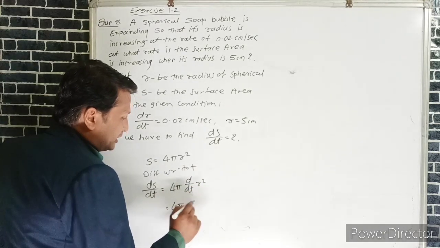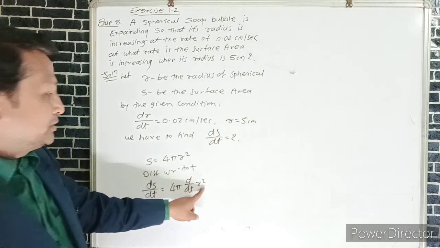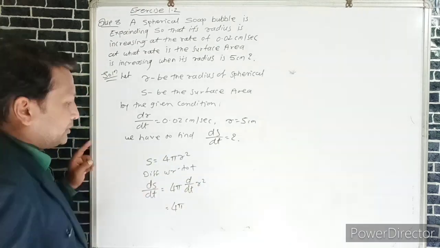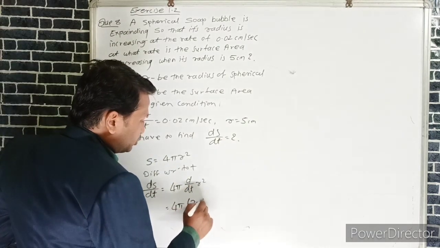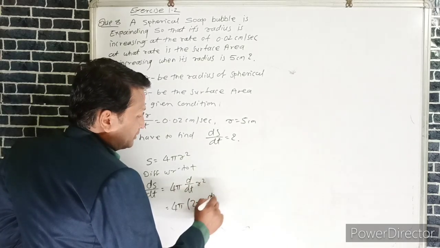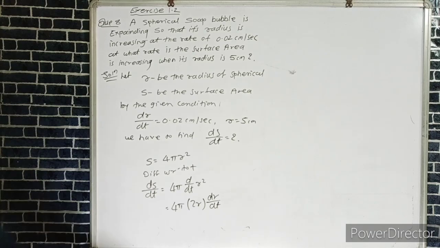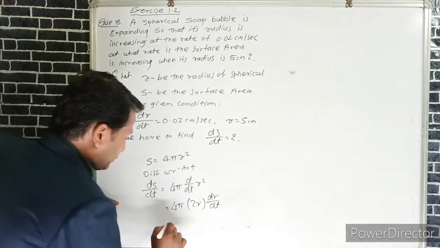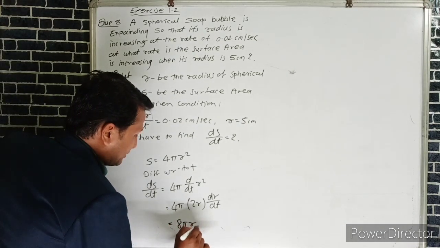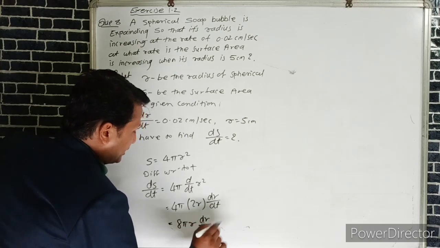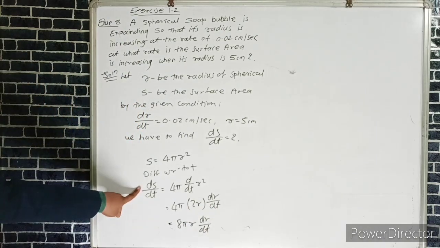If r is a differentiable function of t, then the derivative of r square is 2r times dr by dt, by using chain rule. Here 4 into 2 is 8, so we can write 8 pi r dr upon dt. We have to find the value of ds by dt.